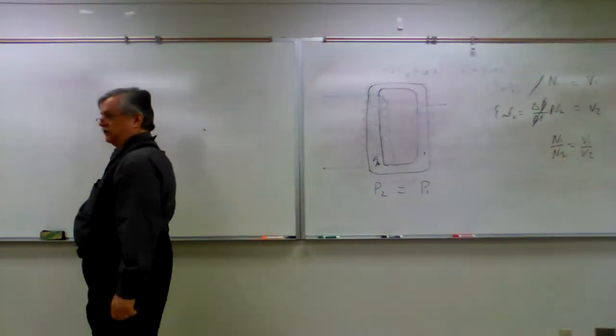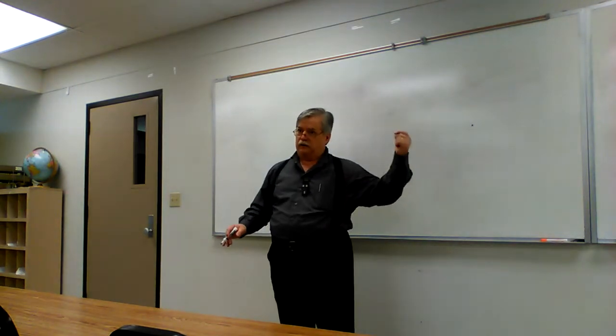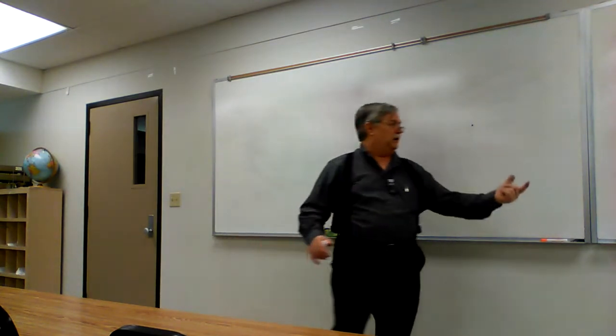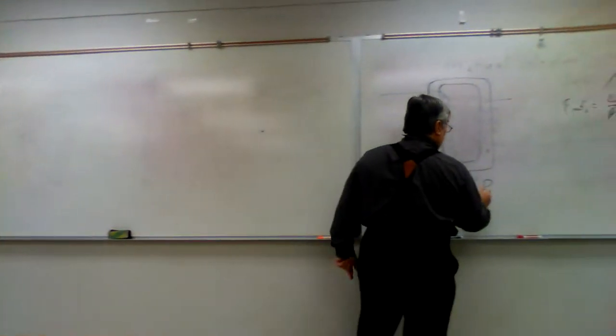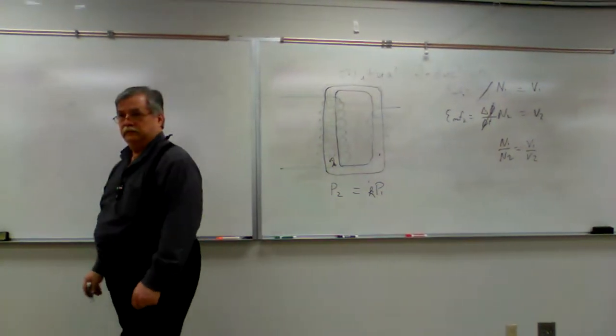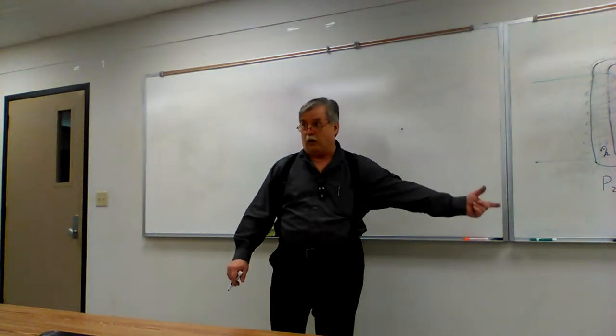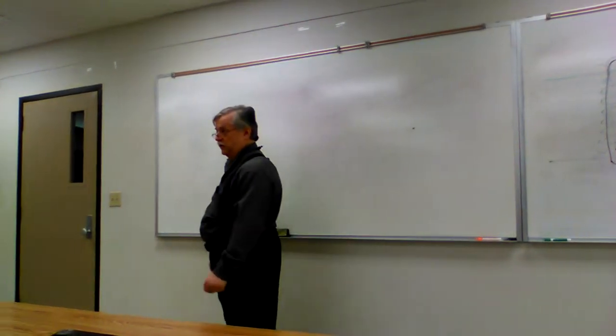So power does remain constant. Regardless of what happens to the voltage and the current, the power that you put in will be the power you get out times some constant of efficiency, which can be made very close to 1, so we're just going to pretend it's 1.